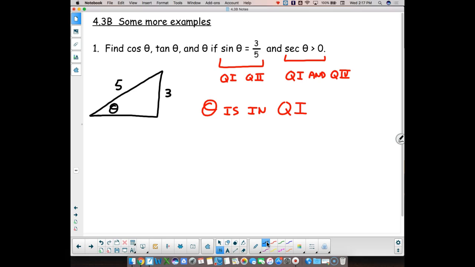Which makes a Pythagorean triple, so my missing side is 4. Okay. So the cosine of theta is going to be 4/5.